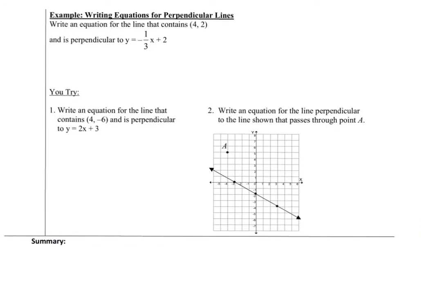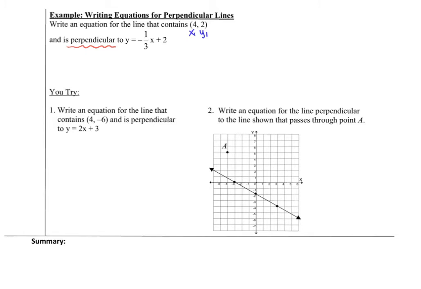Now we're going to do the same thing, but we're going to be working with perpendicular lines. So we're going to write an equation for the line that contains (4, 2), which is going to represent my x1 and my y1. And now it's going to be perpendicular to y equals -1/3 x plus 2.